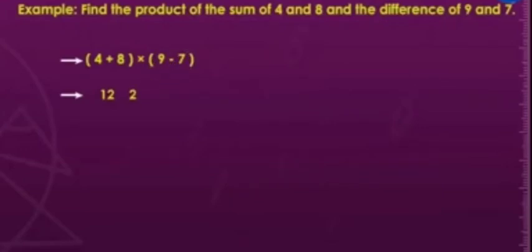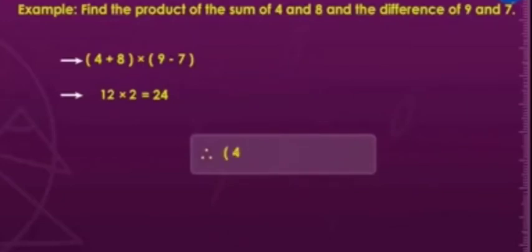Then subtract 9 minus 7, which is 2. Then multiply 12 into 2, which gives 24. Therefore, children, (4 + 8) × (9 - 7) = 24. Here, addition and subtraction are done before multiplication.